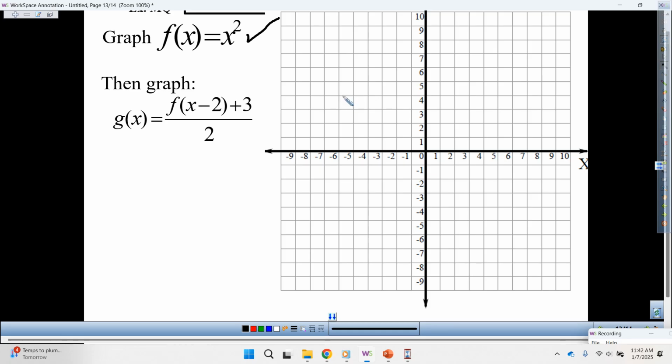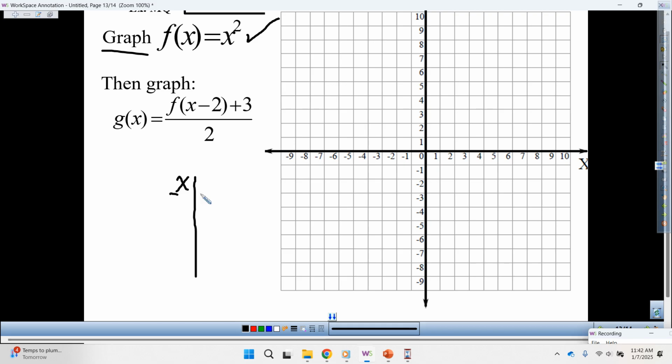All right. How do we graph that, Mariah? What do we do when they ask us to graph? Table, yes.